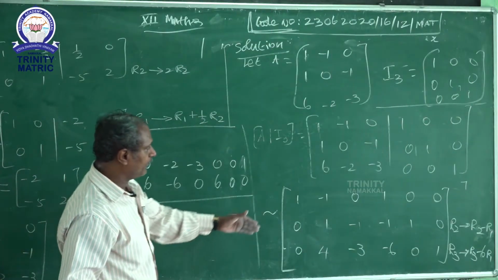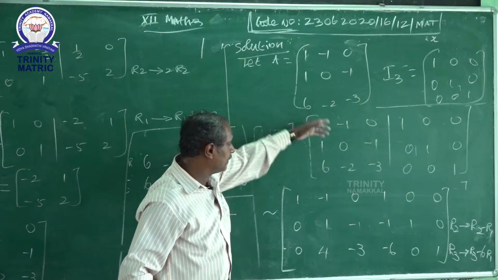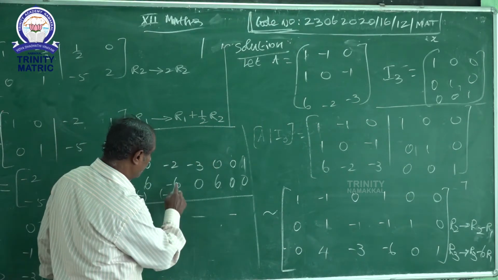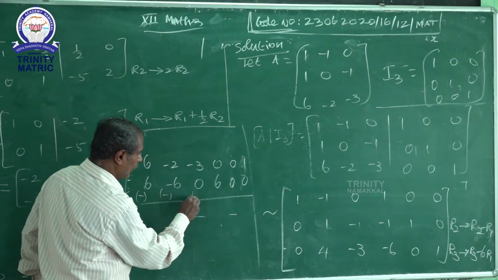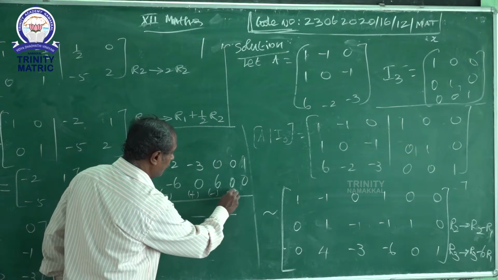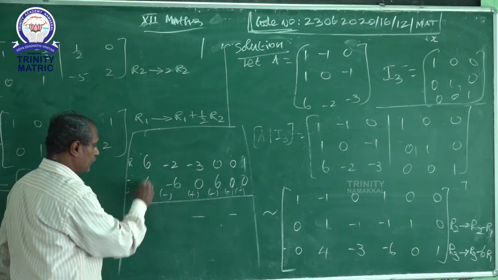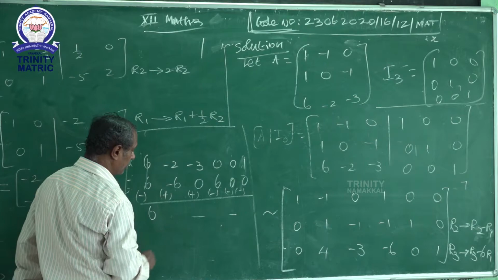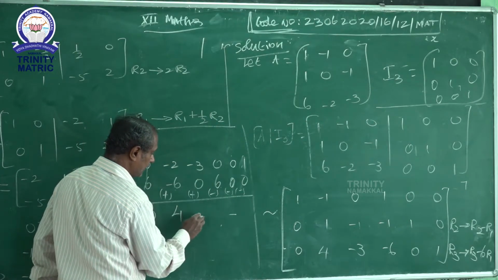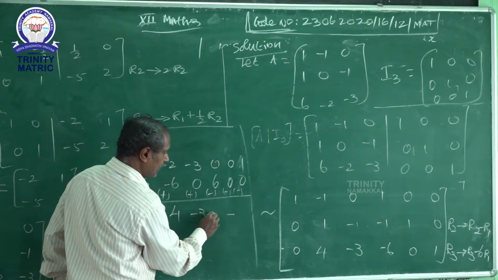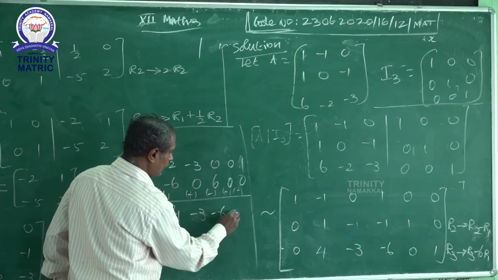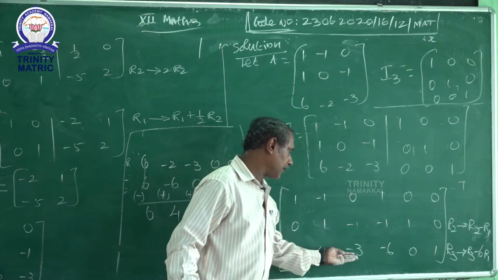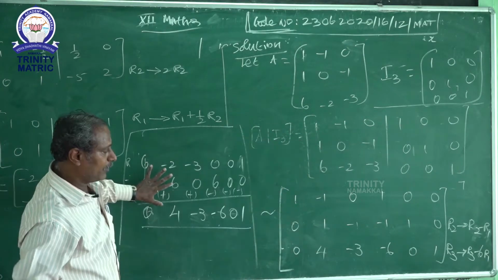Now we are subtracting, so change the sign. 6 minus 6 is 0; minus 2 minus of minus 6 becomes plus, so 4; minus 3 minus 0 is minus 3; 0 minus 6 is minus 6; 0; 1. So the row we have is 0, 4, minus 3, minus 6, 0, 1.